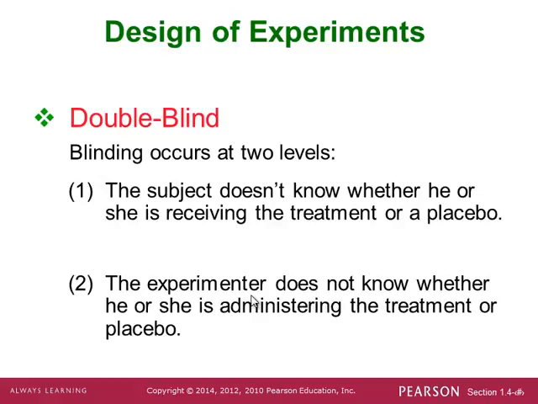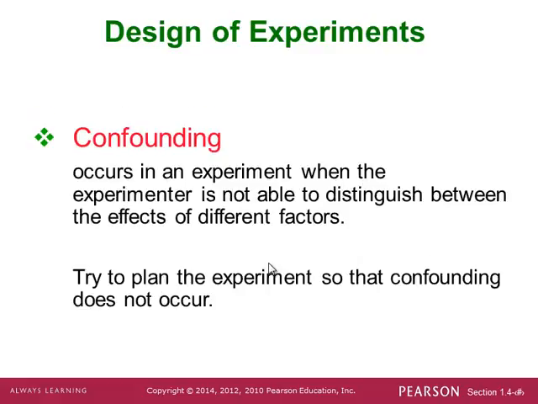They don't know what you're getting. You don't know what you're getting. So that reduces the placebo effect. The only people who know who's getting what are the individuals behind the curtain, so to speak. The individuals who are not necessarily directly administering, but managing the experiment, the scientists.